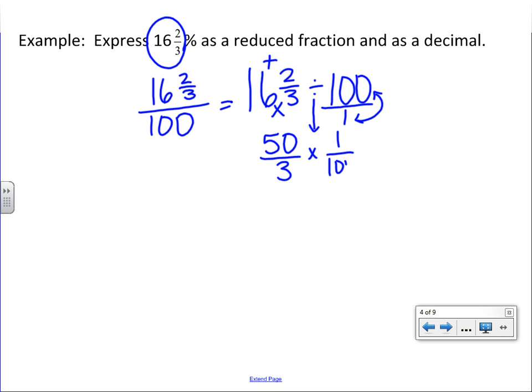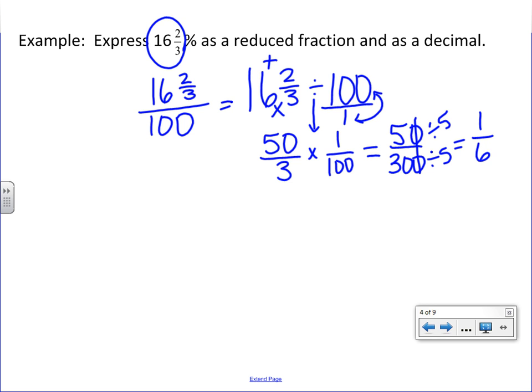So now I have 50 over 3 times 1 over 100. Now I can do the math. 50 times 1 is going to give me 50. 3 times 100 gives me 300. I can cancel 0 top and bottom, divide by 5 top and bottom, which is going to get me 1/6.